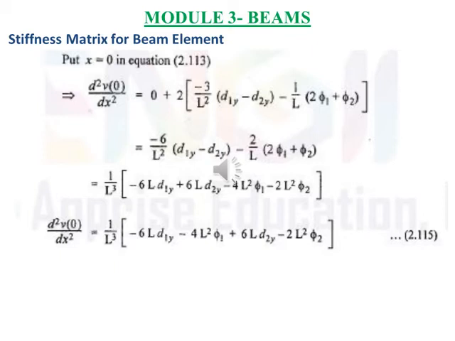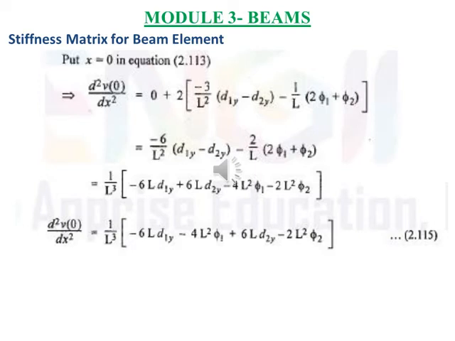So now on further simplification I will take the term 2 inside and multiply it. So 2 into 3 becomes 6, so minus 6 by L square into (d1y minus d2y) minus 2 by L into (2 phi 1 plus phi 2).